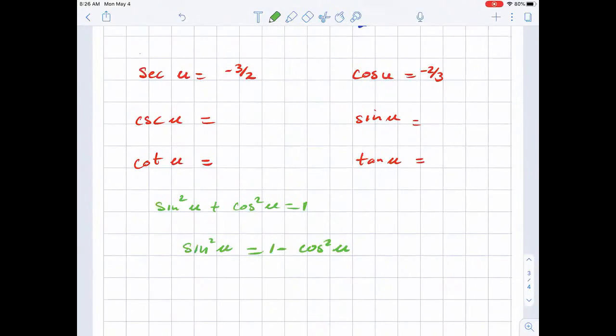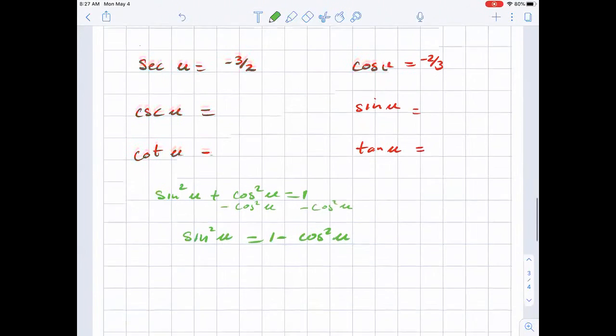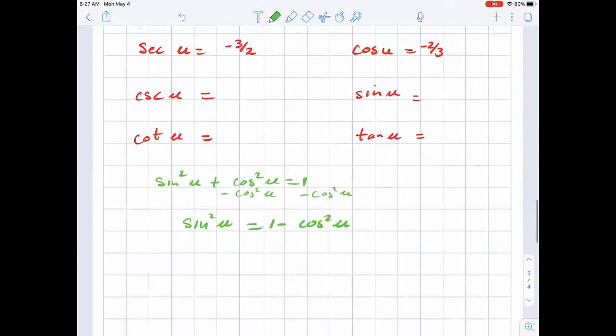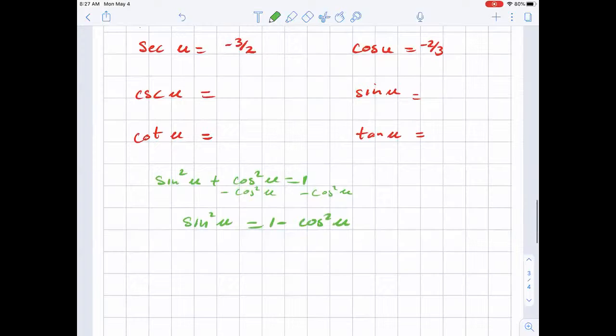Do you agree? Yes, if you subtract cosine squared on both sides. And we know cosine, so cosine squared will be that number squared.